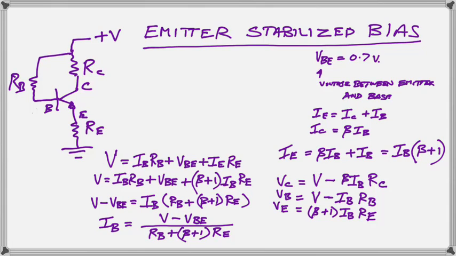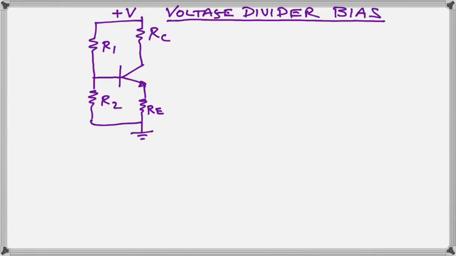All right, so we move on now to the voltage divider bias. The voltage divider bias is a further attempt to stabilize the circuit against any changes in the transistor parameters. Because transistors cannot be manufactured to a very high degree of precision, the parameters of the transistor can vary quite widely, and we should be able to stick any small signal transistor of a similar type in there and get similar behavior.